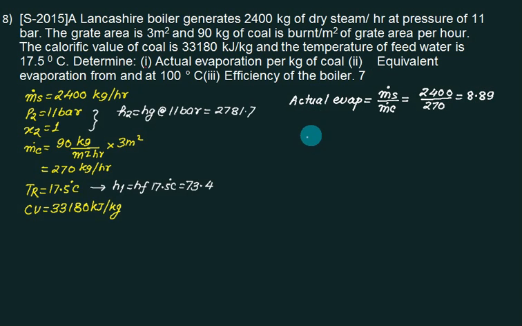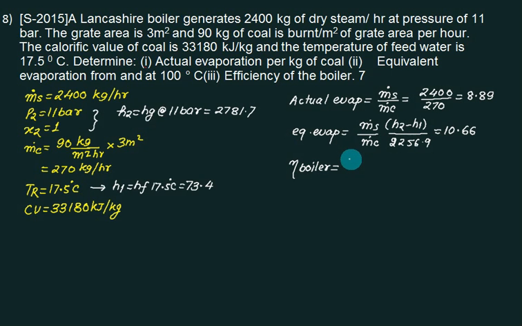Second, you want equivalent evaporation. M dot S, H2 minus H1, over mass of coal, HFG at 100 is 2256.9. Substitute all values. Finally, boiler efficiency is M dot S, H2 minus H1, over M dot C into calorific value. 72.5%.